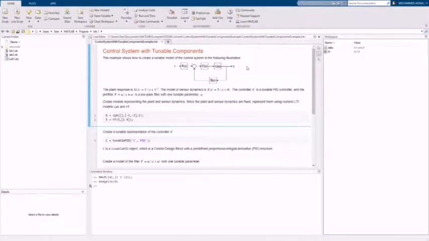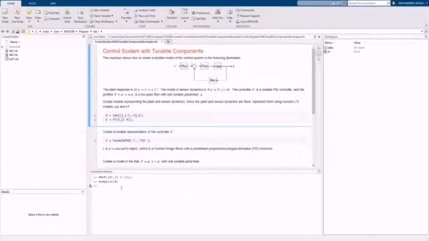In this graph, we can get peak response, settling time, and rise time. This is important in control systems in general, to find these three parameters in a response.